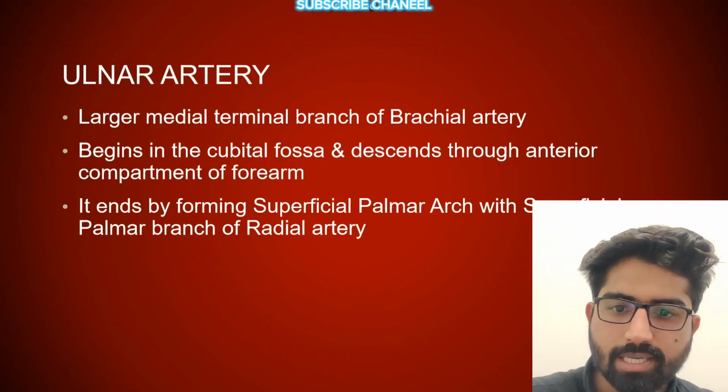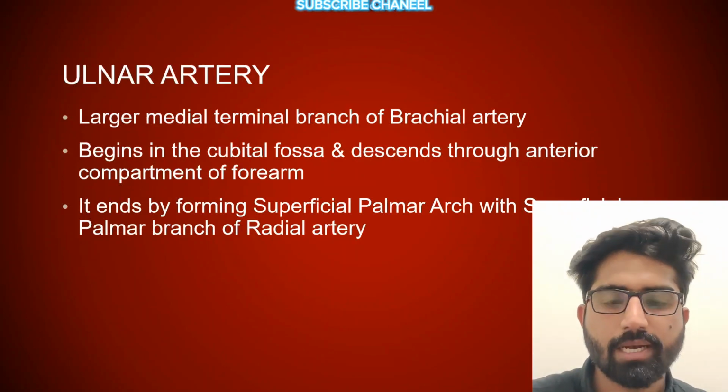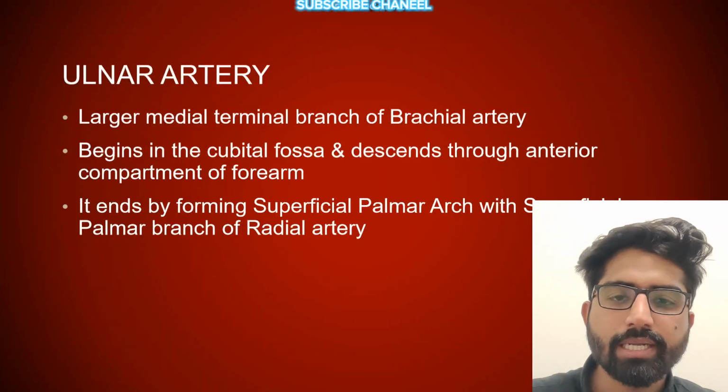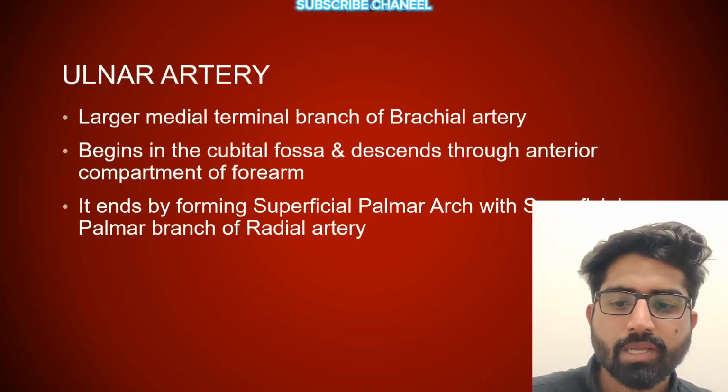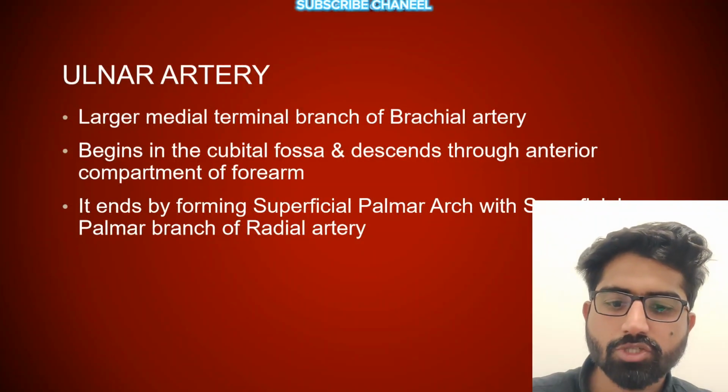The other artery is the ulnar artery, which is the larger and medial terminal branch of the brachial artery. It begins in the cubital fossa and descends through the anterior compartment of the forearm. It ends by forming the superficial palmar arch with the superficial palmar branch of the radial artery.